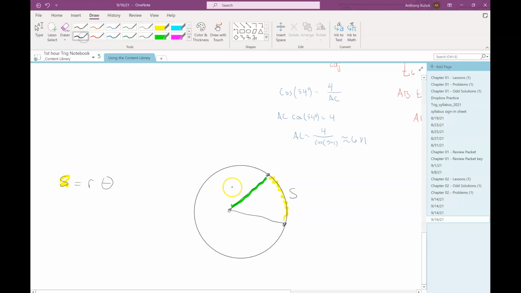So for example, that distance is an R, or this distance is an R. And then theta is the angle measure. And this equation is for theta in radians.